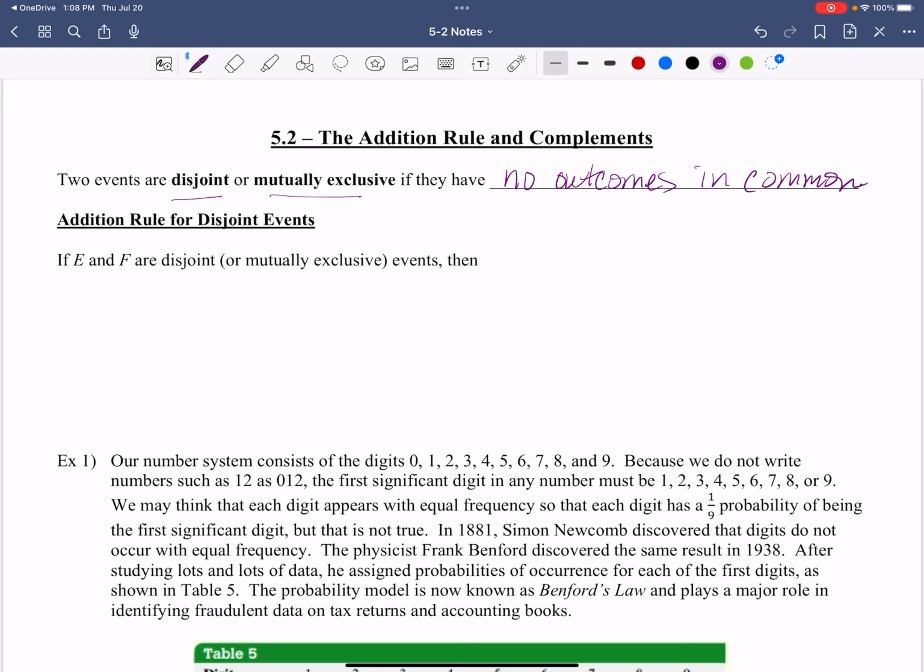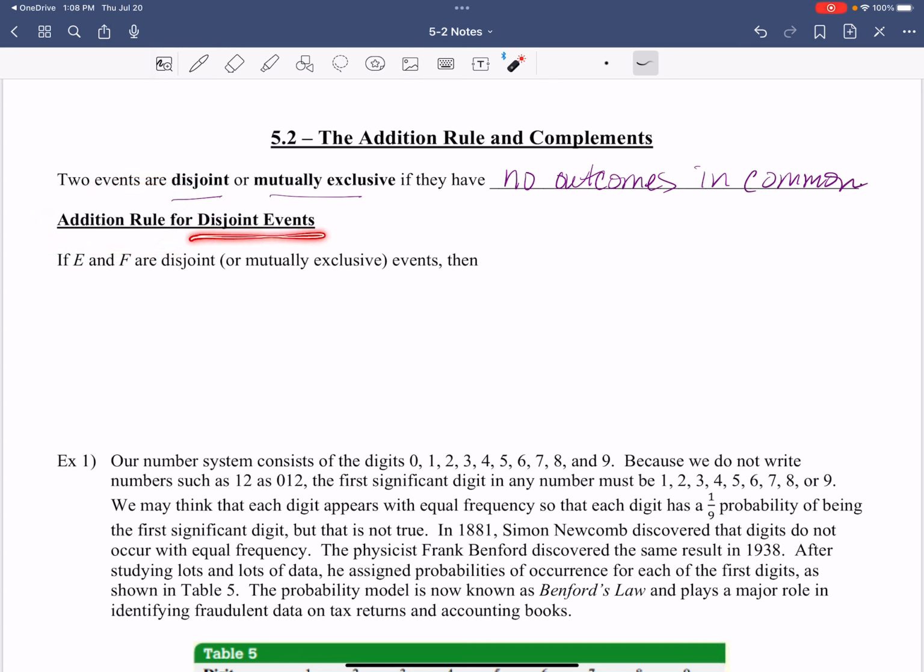Disjoint, nothing that joins them together. Mutually exclusive, nothing in common, right? So look at the words themselves, and that helps define what is actually going on. Disjoint or mutually exclusive mean the same thing, with no outcomes in common.